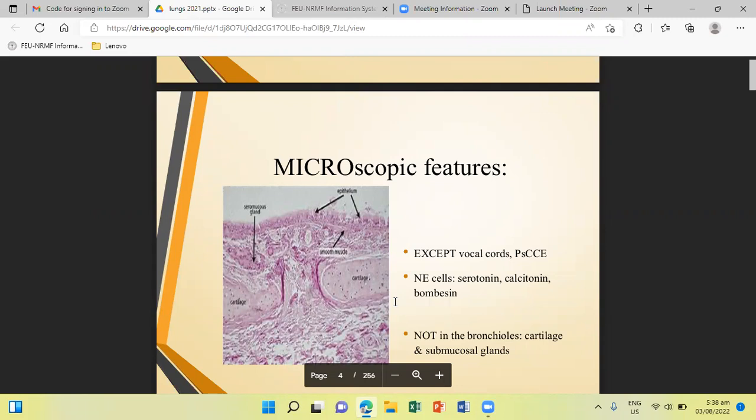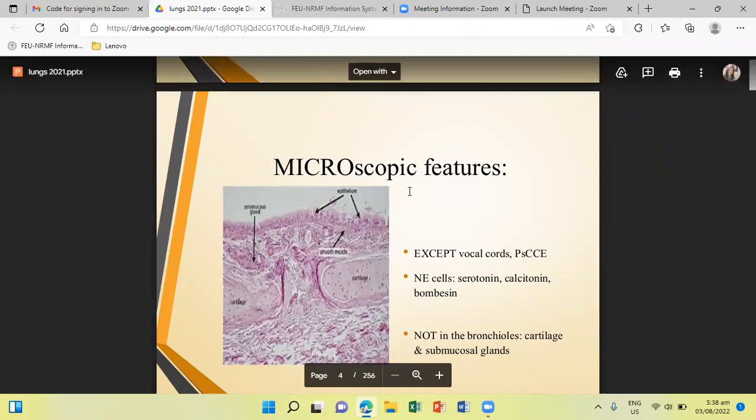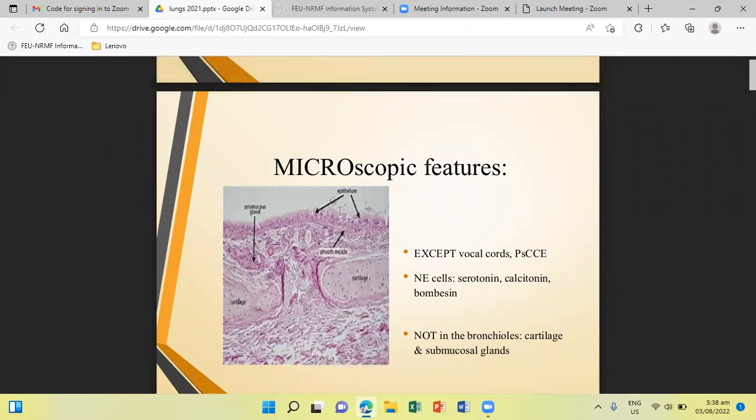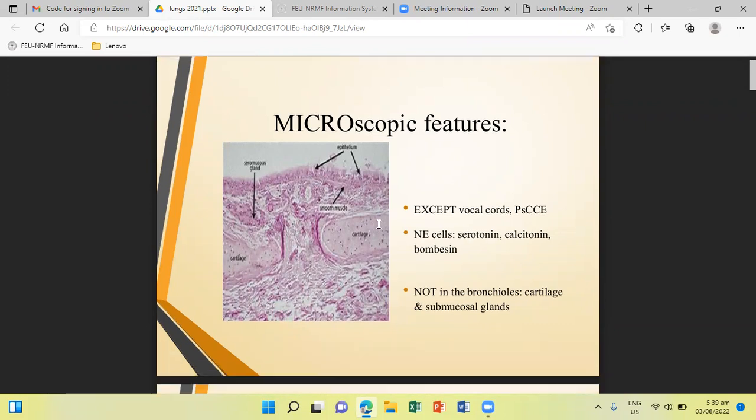So this is an illustration, again, of the microscopic feature. Bear in mind that except the vocal cords, the entire respiratory tree is supposed to be lined by pseudostratified tall columnar epithelium.